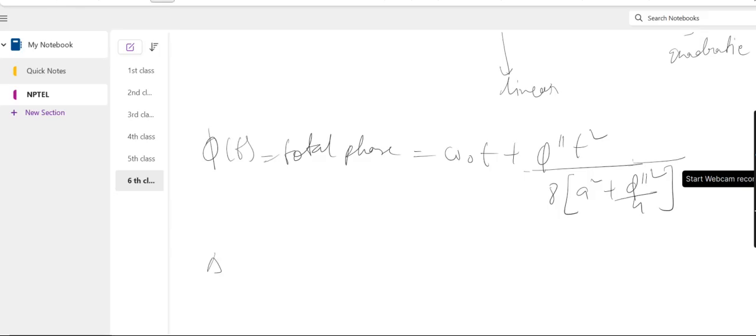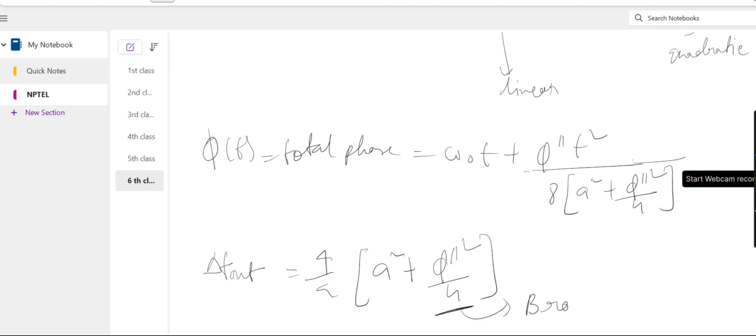And delta t out is 4 by a square plus phi dash dash square by 4. So this is the broadening part.